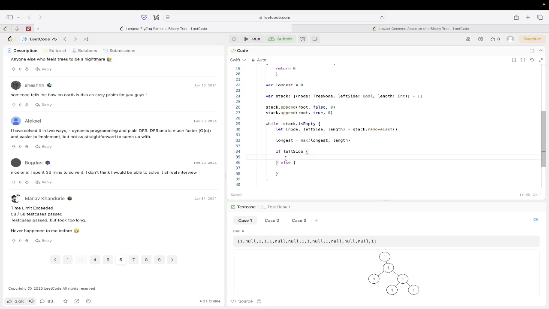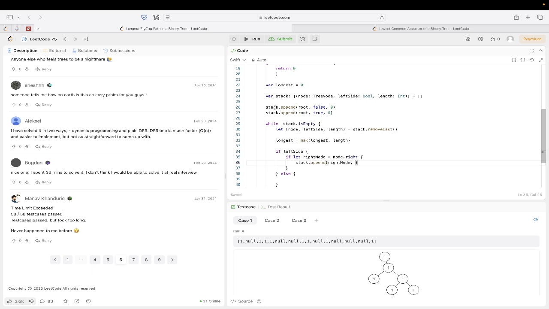So if we're coming from the left side, let's do if let right node equals node dot right. We do our stack append. If we're coming from the right, we're going to append our right node.